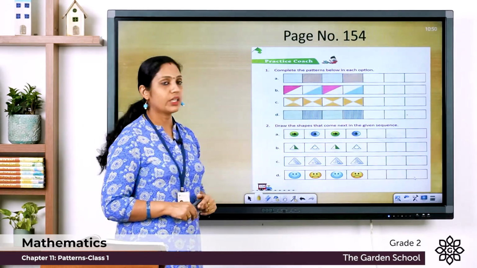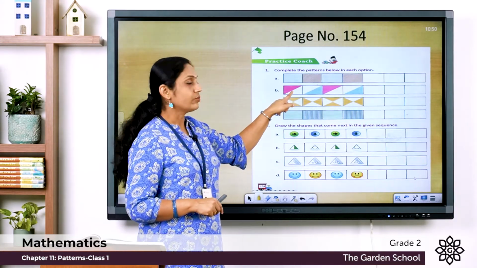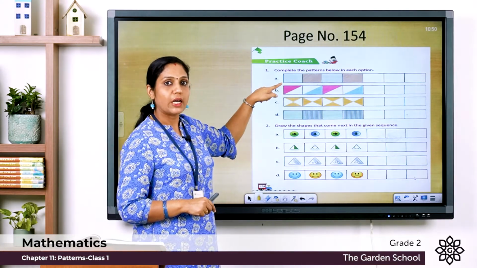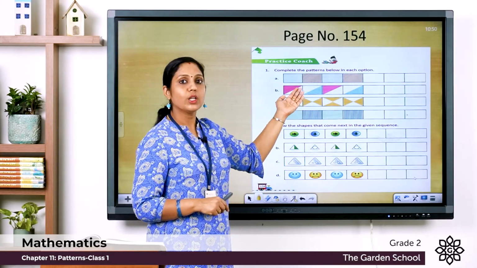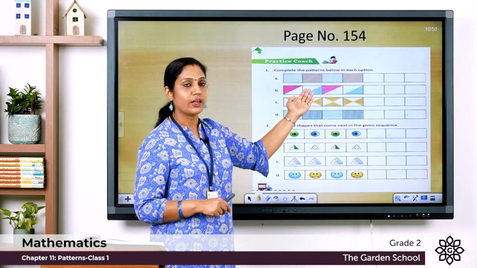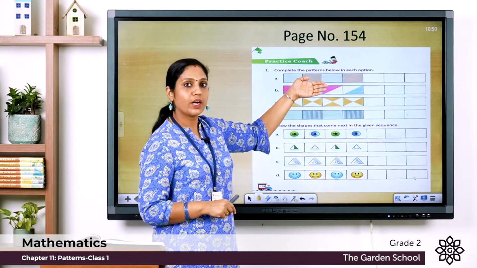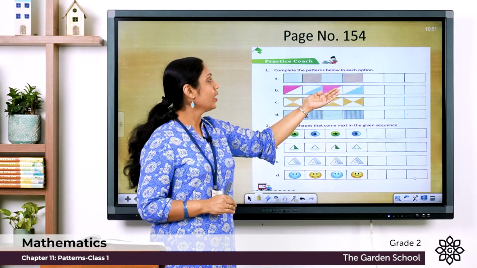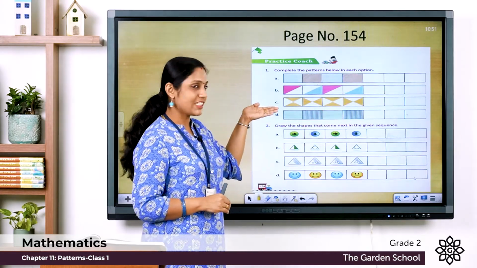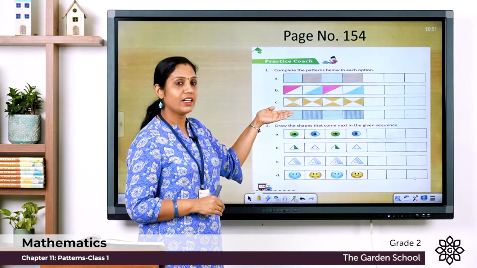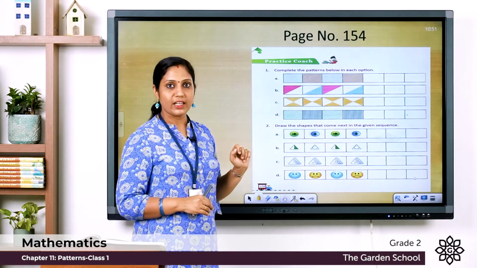The next one you can see that a triangle is being shaded. The upper part is shaded in pink color, and in the second one the lower part is shaded in blue color, and in the third picture again the upper part is shaded, fourth one lower part is shaded. Now we have to complete the sequence. See, in a rectangle two upside triangles are drawn.